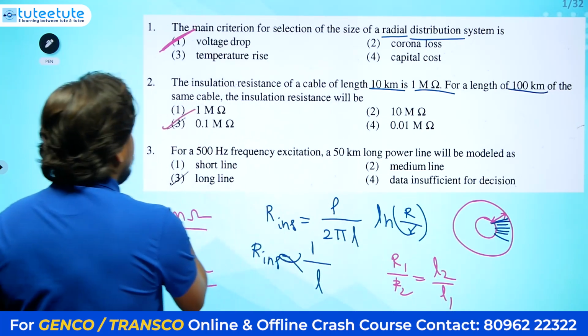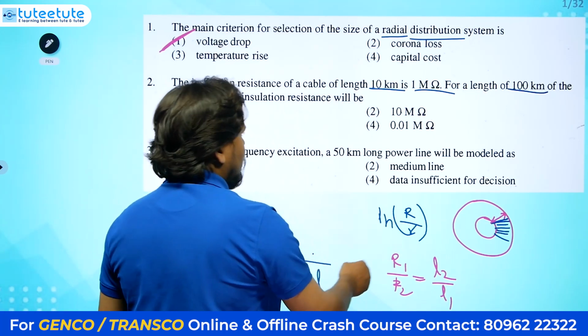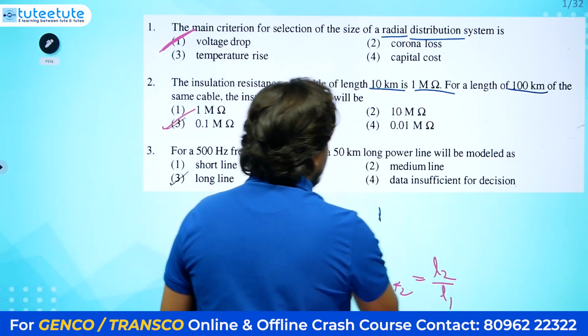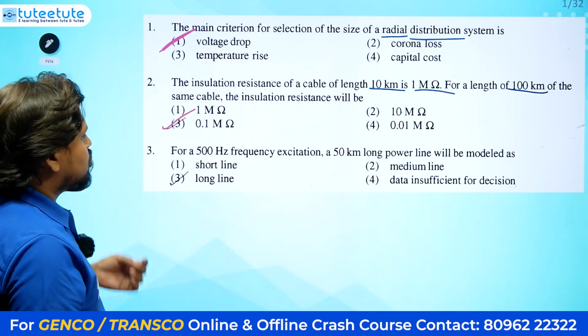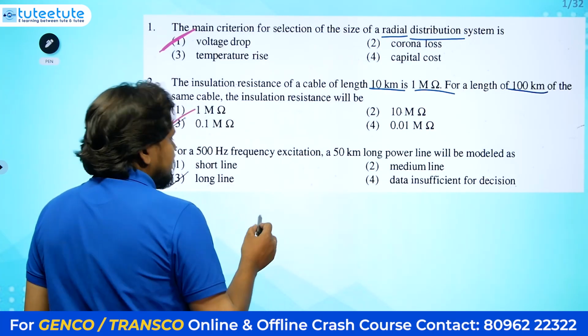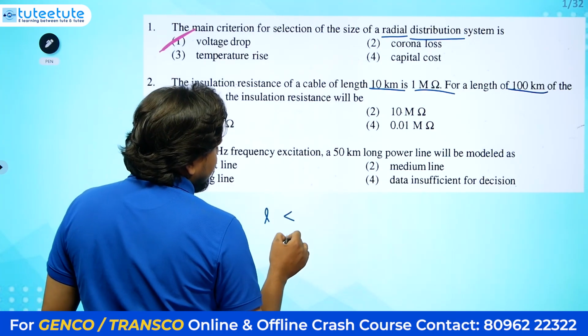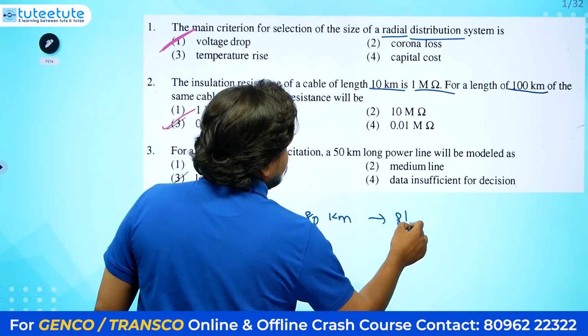For a 500 Hz frequency excitation, a 50 kilometer long power line will be modeled as what? We need to decide whether it is a short line, medium line or long line. Generally, if the length of a transmission line is less than 80 kilometers, it is a short line.